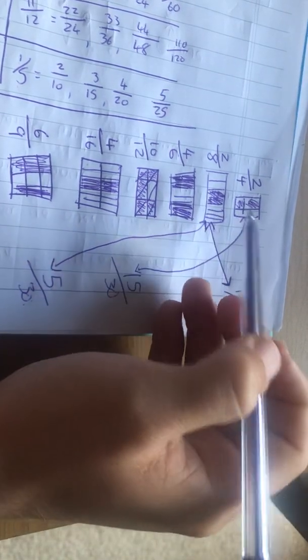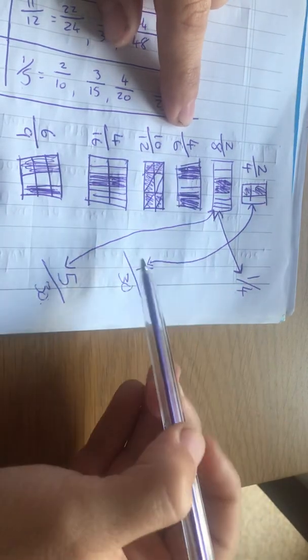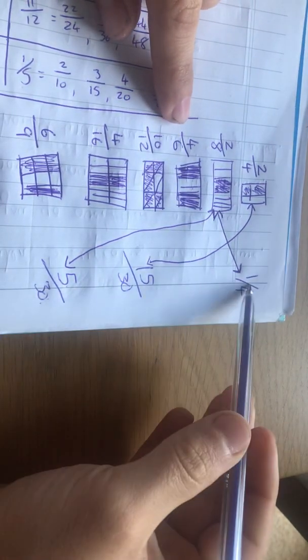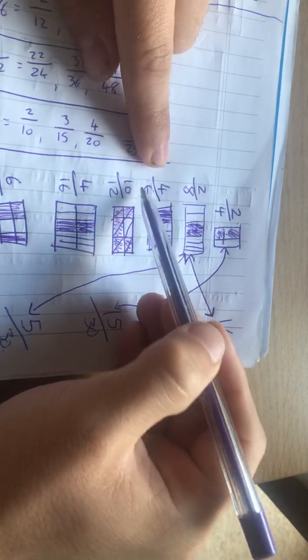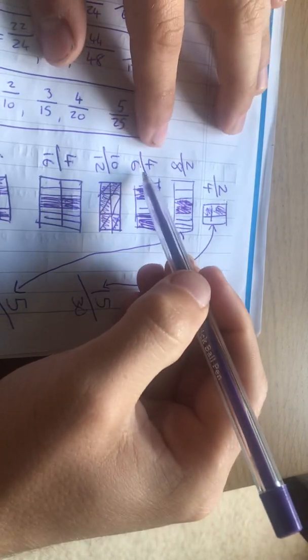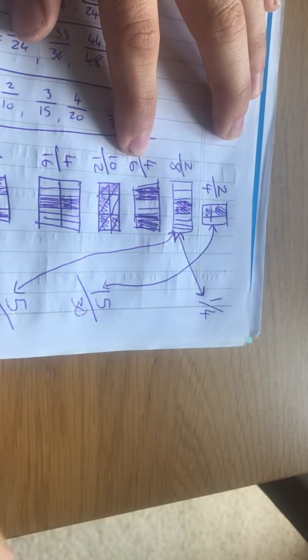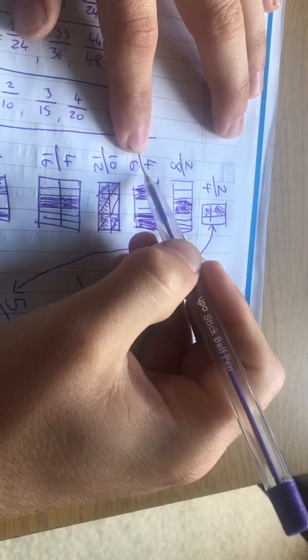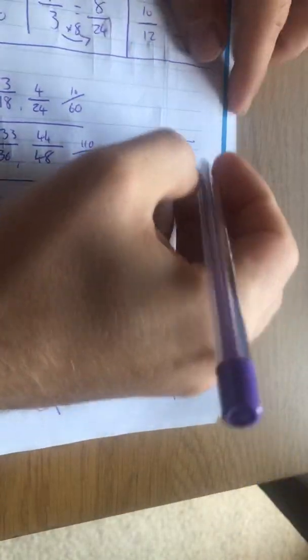Next one. 4/6. Well, have we got anything that would go with 4/6? If we halved them, 2/3. We haven't got a 2/3. So the next one's going to be 8/12. We haven't got that. And then we'll just go through again. You'd probably want to write these all down, like 4/6, because it's quite hard to do in your head.